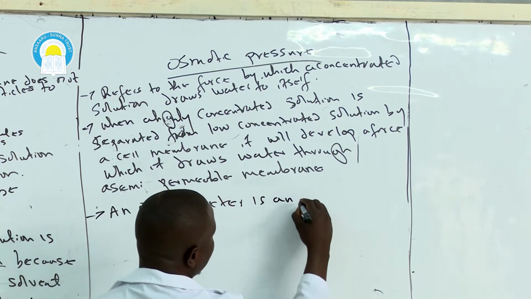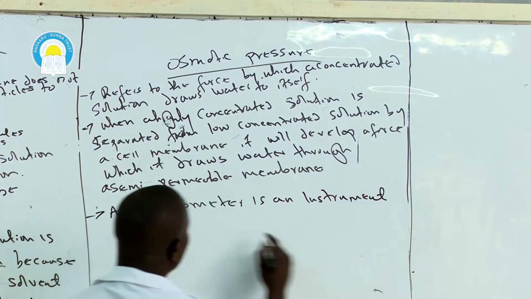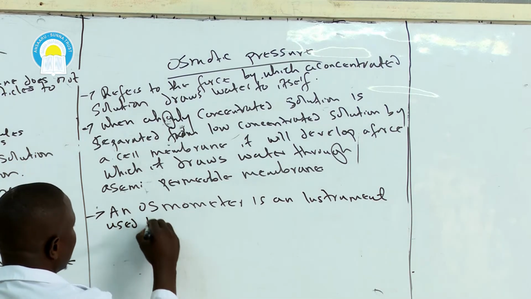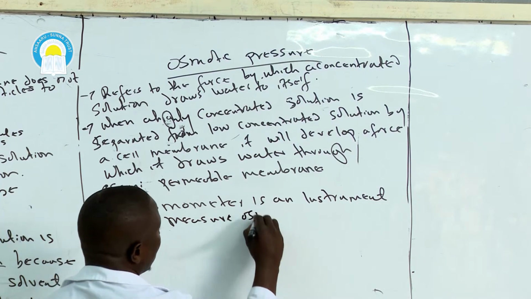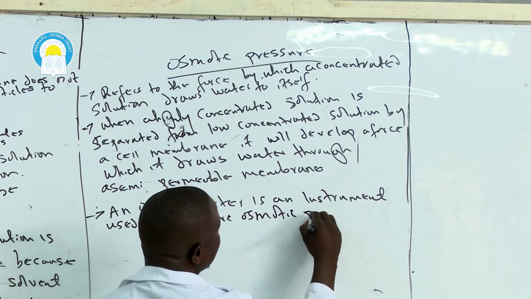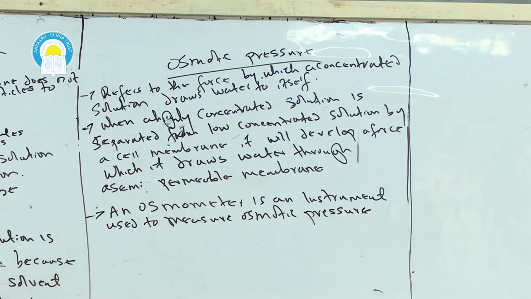It's an instrument used to measure osmotic pressure. An osmometer is an instrument used to measure osmotic pressure.